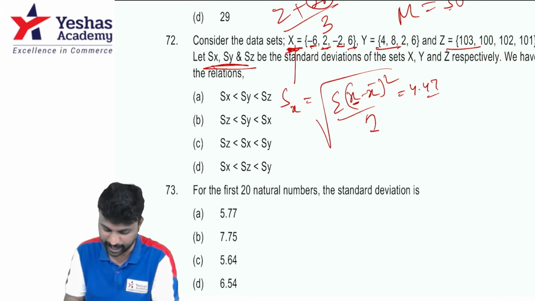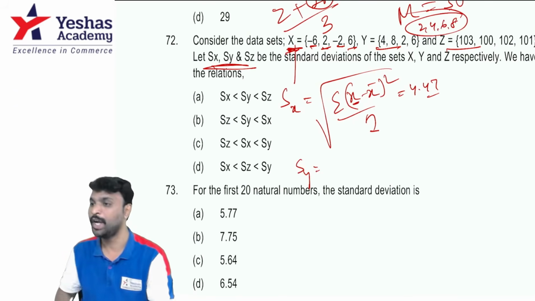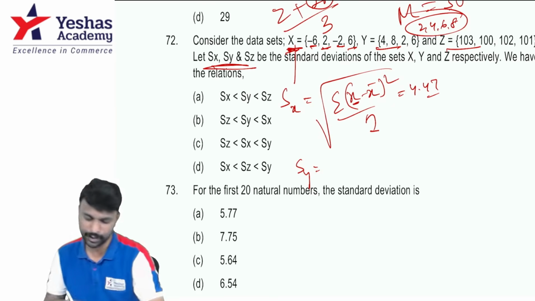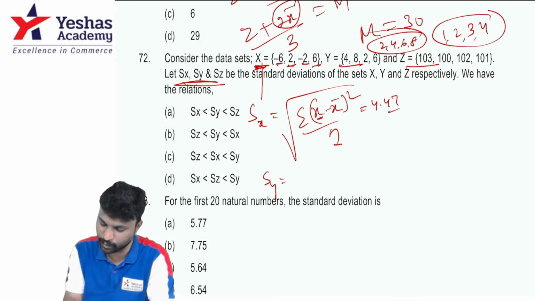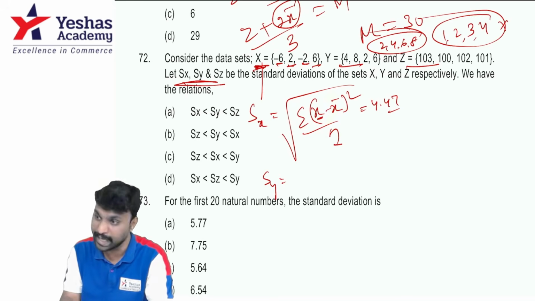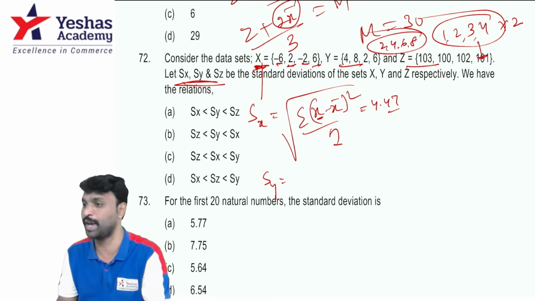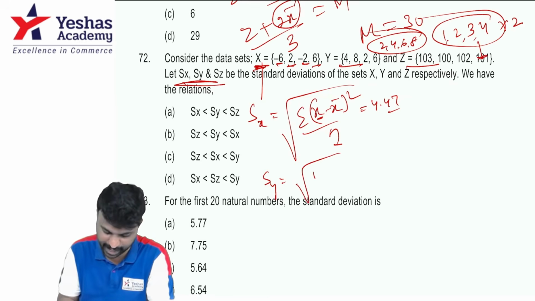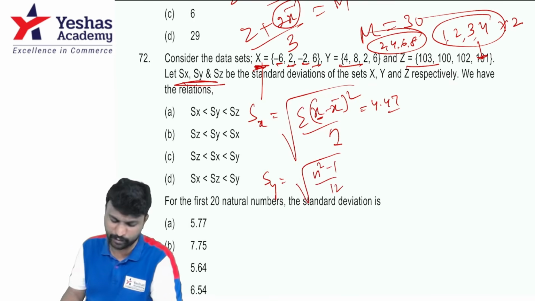Now Sy. If you see, the observations are actually 2, 4, 6, 8. If you write in the order 2, 6, 2, 4, 6, 8. Don't you see these observations are the multiples of the first 4 natural numbers? If I multiply each of these observations with 2, I get this. You know, standard deviation of first n natural numbers is root of n square minus 1 by 12. How many natural numbers are there? 4 natural numbers.